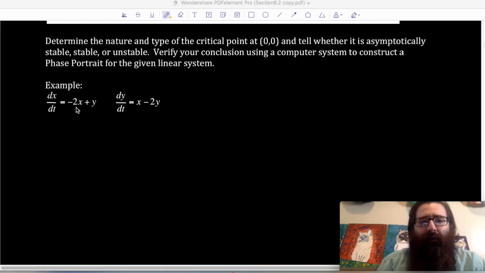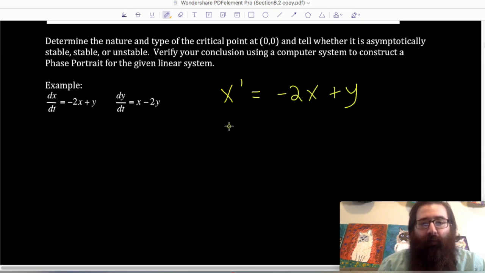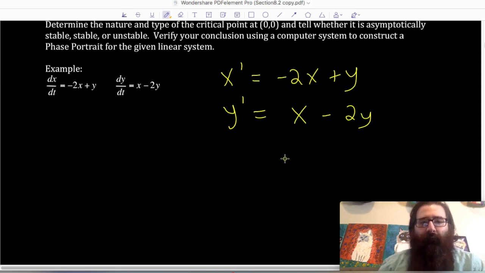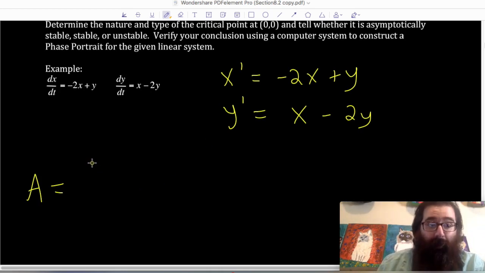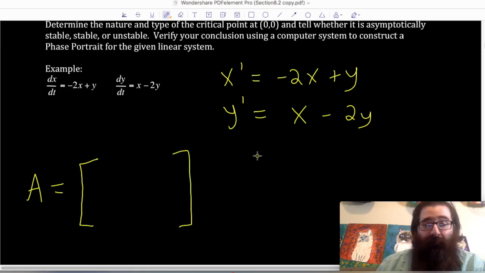And if I want to rewrite this using my favorite shorthand notation, I would say x prime is equal to negative 2x plus y, and y prime is equal to x minus 2y. And just like we did earlier in the course, I can build from this a coefficient matrix, call that matrix A. We just take the coefficients in order.